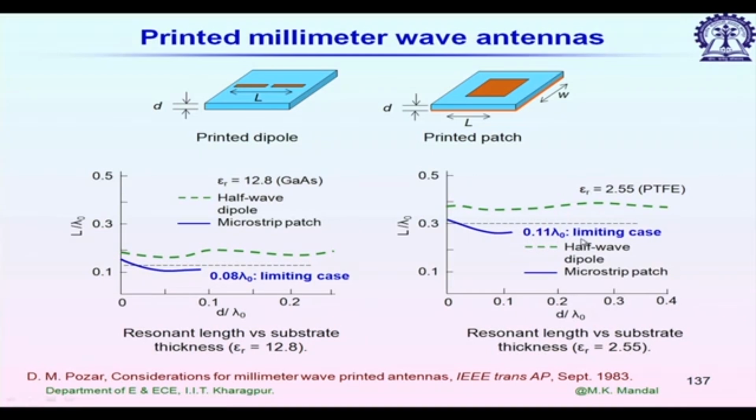For dipole antenna, we do not face as such any problem. Of course, there is surface wave mode generation, but even till let us say 0.3, or for lower dielectric constant 0.4 d by lambda naught, we can identify the resonance mode.